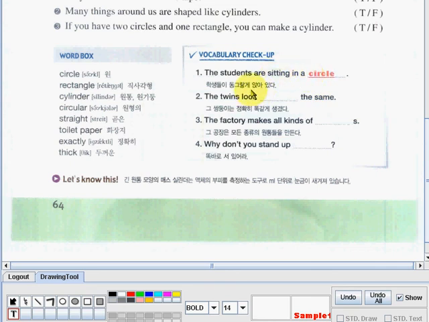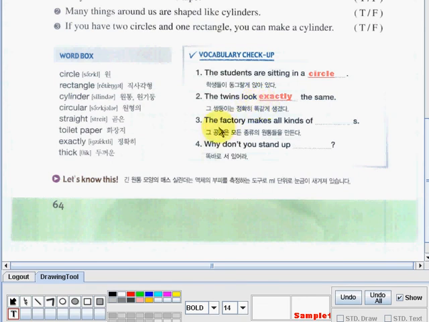The students are sitting in a circle. Number 2, the twins look blank the same. What's the missing word in number 2? Okay, very good. It's exactly. The twins look exactly the same.